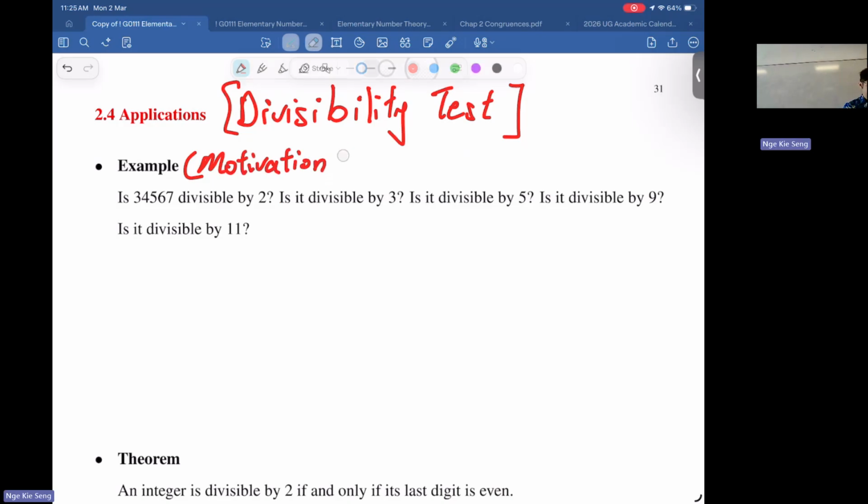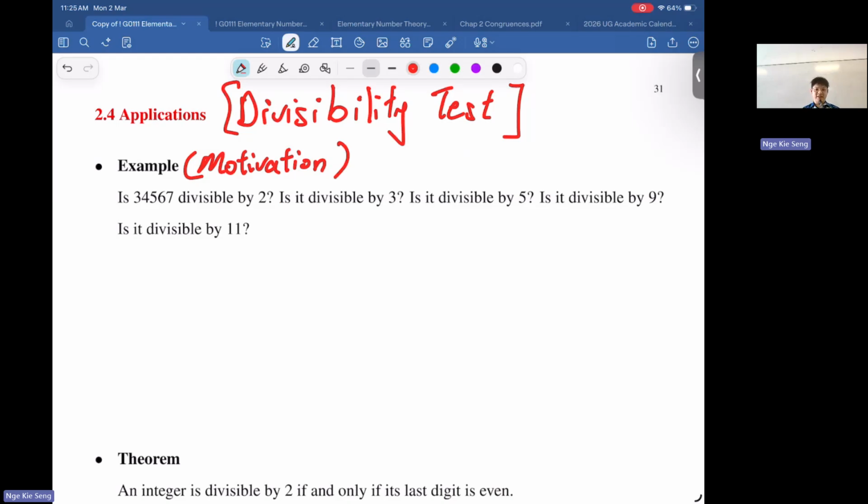When is this number divisible by 2 or 3 or 5 or 9 or 11? How do you decide? Maybe 2 is easier, right? Only when it's even. If you have 2 as your factor, it should be even, right? But this is odd. But in general, how do you figure this out? Let's say you don't have a calculator. Can you still do it?